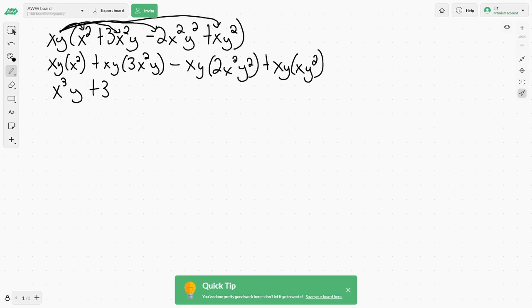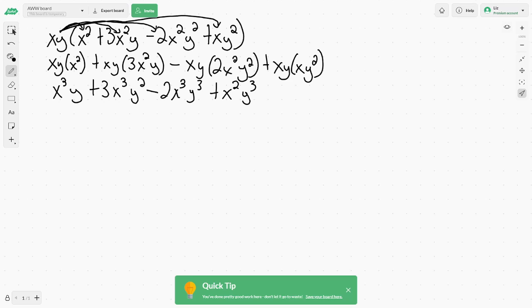We have a constant of 3, 1x, 2x, that's 3x's, 1y, 1y, that's 2y's, minus we have a 2, 1x, 2x's, that's 3x's, y, and y, 1y and 2y is 3y's, x, that's x squared, y cubed.